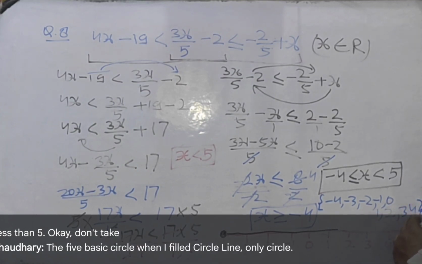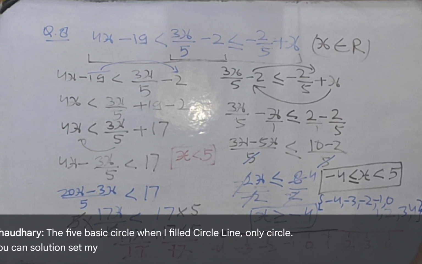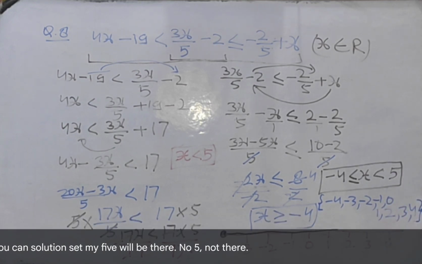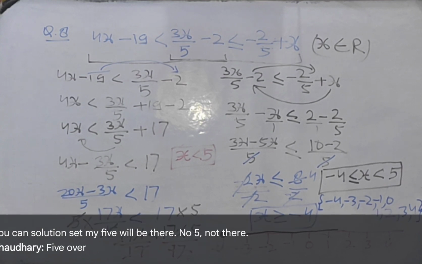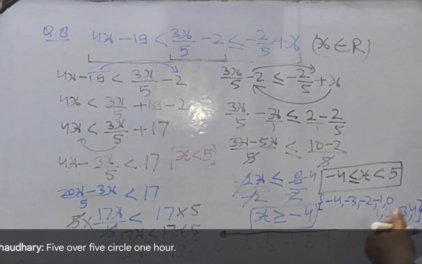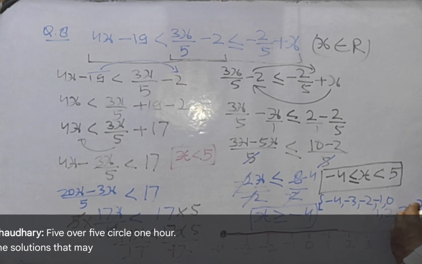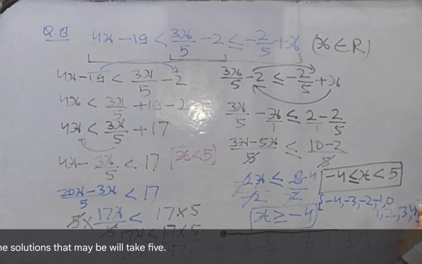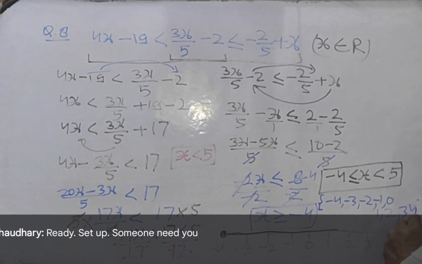But in the solution set 5 will be there. No, 5 is not there. I get confused.